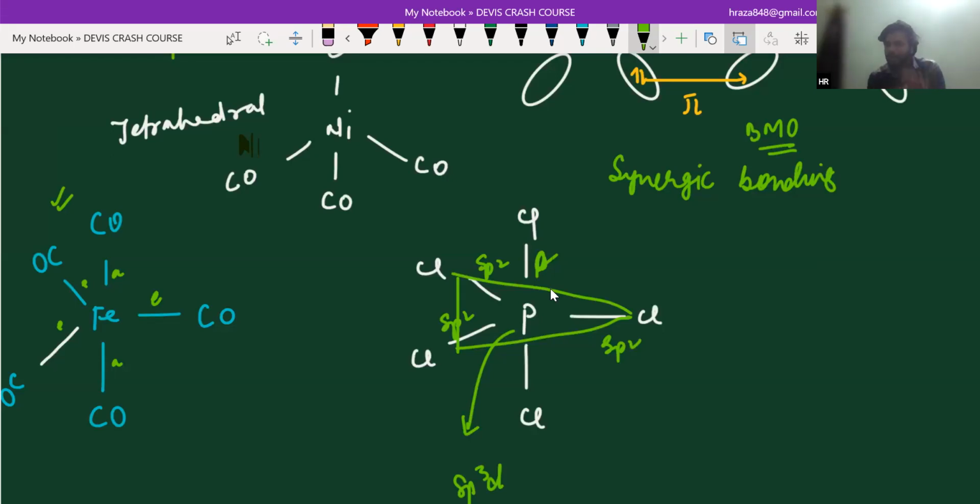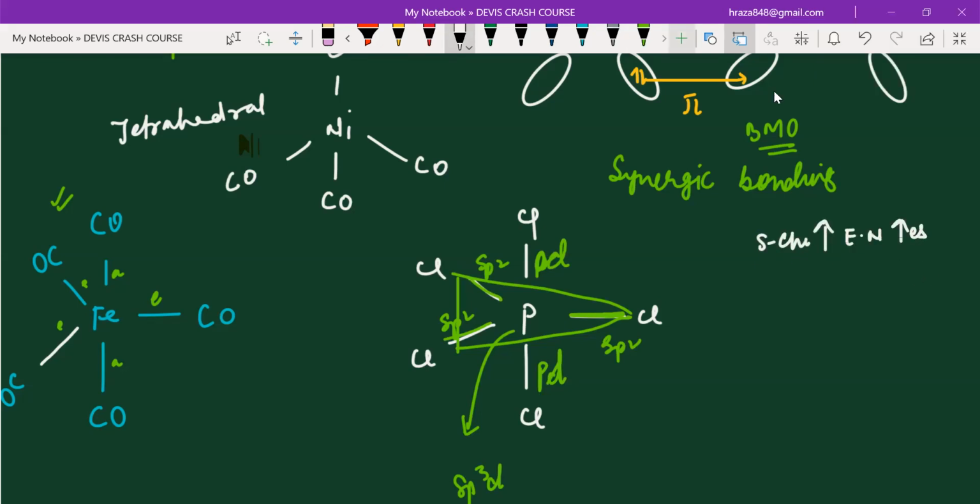The central atom has hybridization sp3d, and I'm going to partition the hybridization for each orbital. This is for sp2, sp2, sp2, and this is for pd, and this is also for pd. As you know, as s character increases, electronegativity increases. Very good. Now see, what is the problem here?